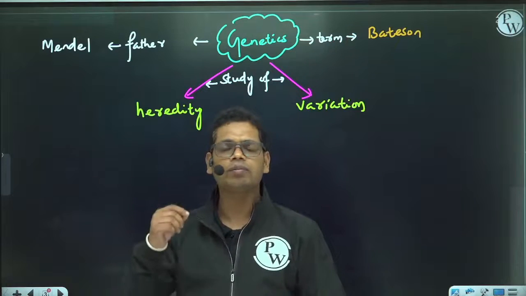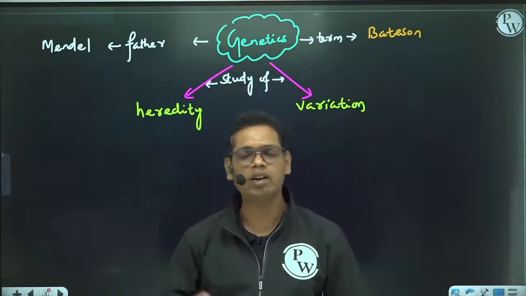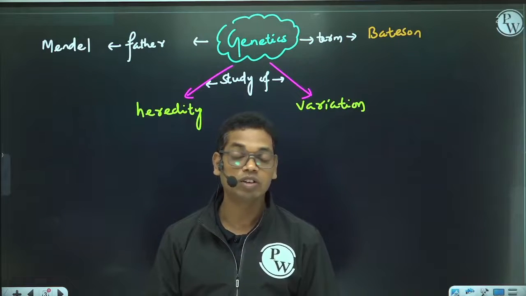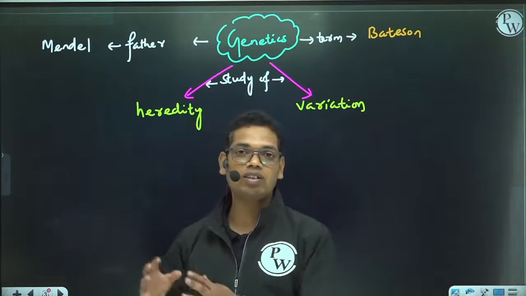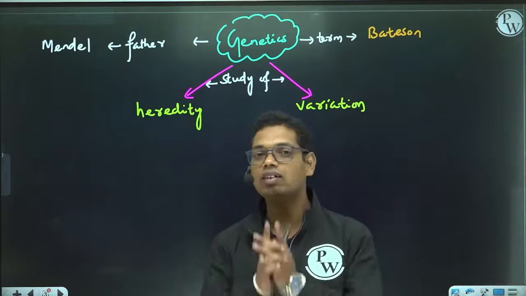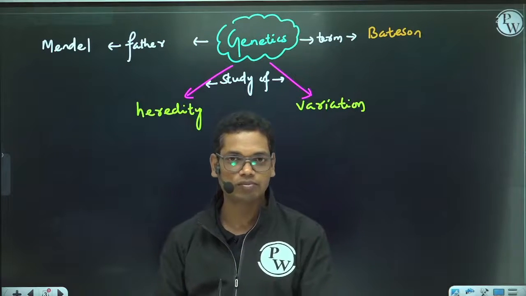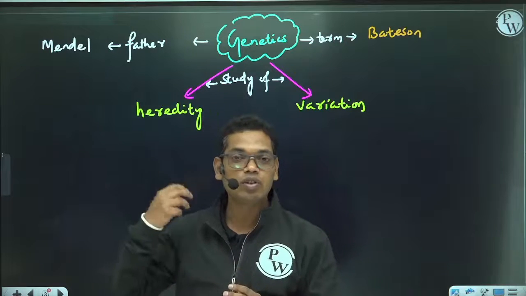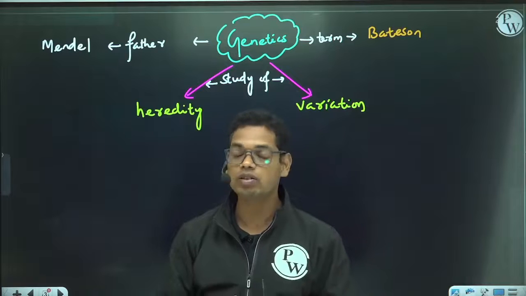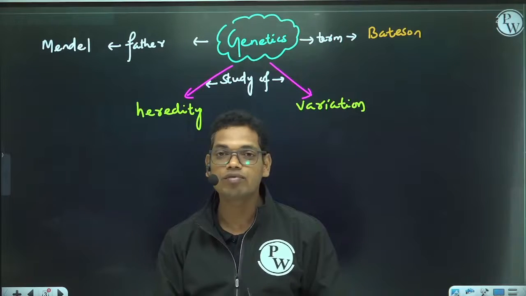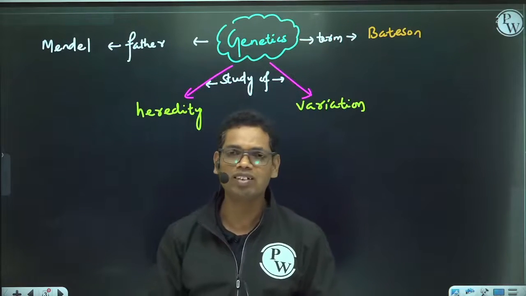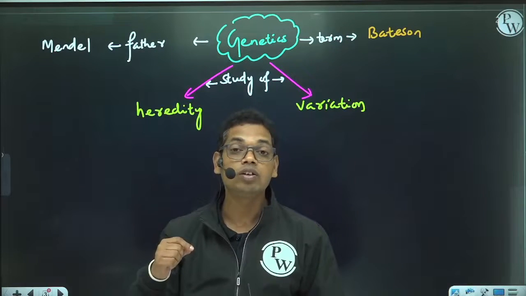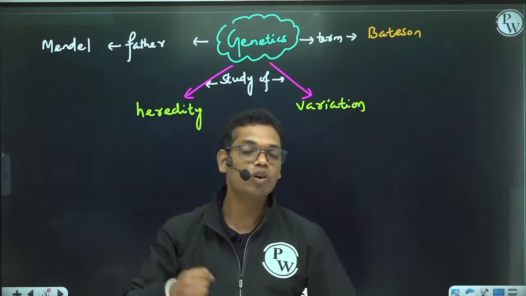A gene is basically nothing but DNA, and this DNA is present in the cell, in the nucleus, as well as in various organelles like mitochondria and plastids. Whenever an organism reproduces, new cells are formed. That means the DNA will be transmitted from the parent to the progeny. And when the DNA or gene gets transmitted from the parent to the progeny, the characters also get transmitted.